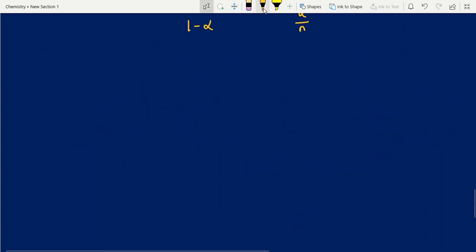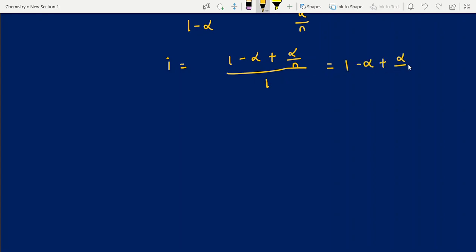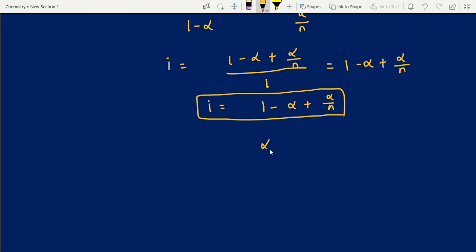After dissociation by before dissociation: 1 minus alpha plus alpha by n, divided by 1. Before dissociation always 1 only, no? So finally you can write i equal to 1 minus alpha plus alpha by n. Or else you can write alpha equal to i minus 1 by 1 by n minus 1, taking common i equal to 1 plus alpha (1 by n minus 1).